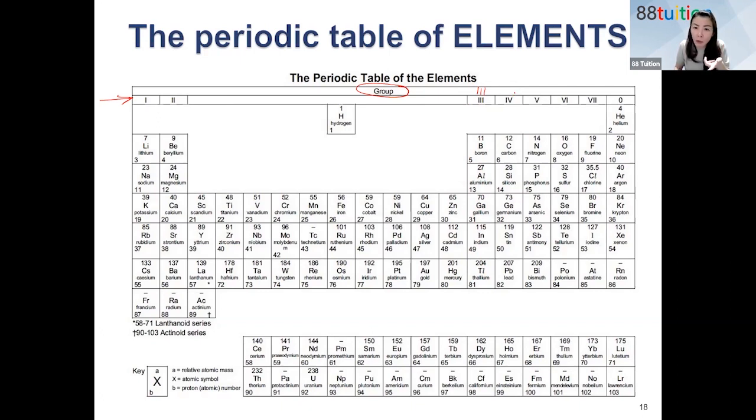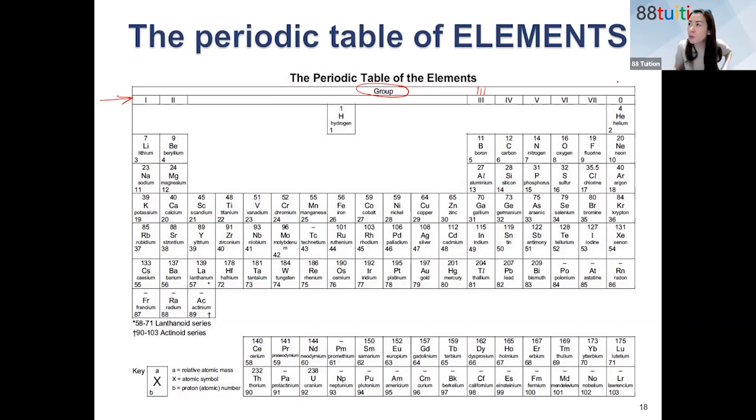That will be group 4. And the next one, number 15. Roman numbers, you have to write it as a capital V, group 5. And then 6, and then 7. And then the last one, you see the number 18 there.